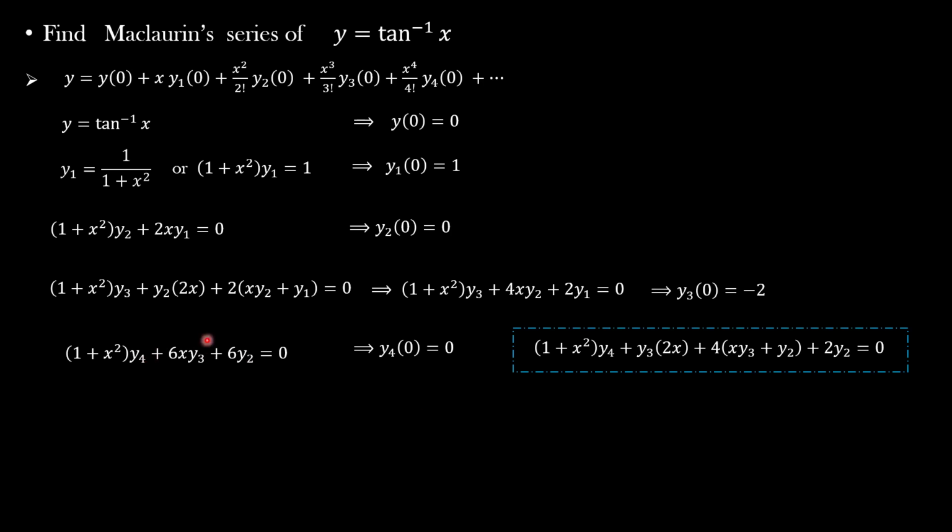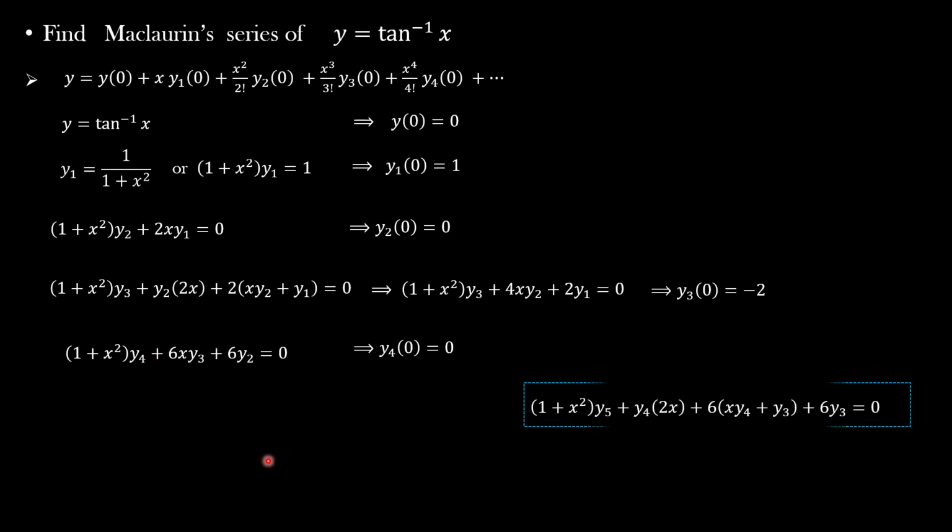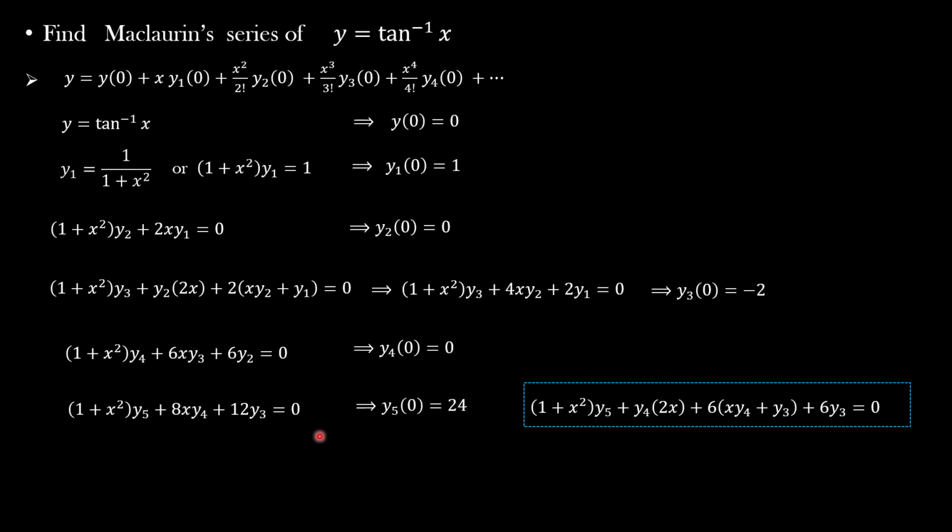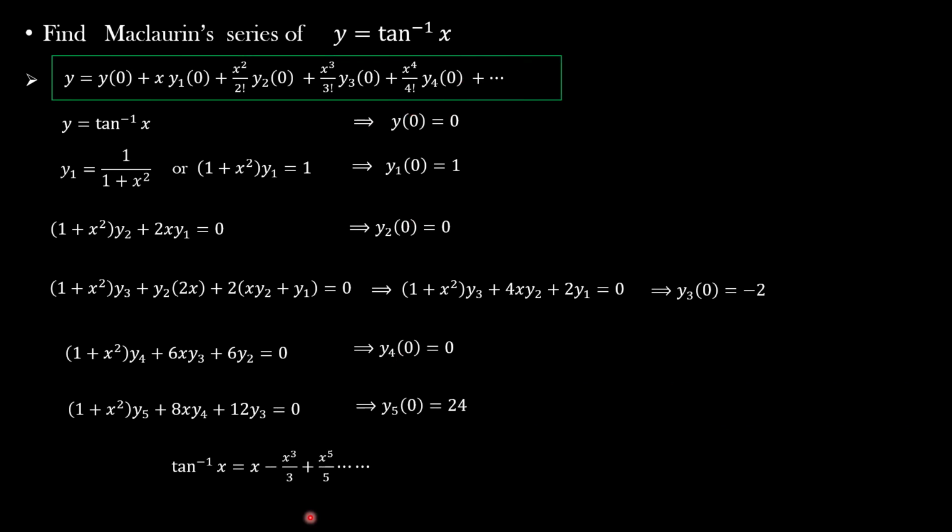Similarly, to get y5, differentiate the above expression so that you will get 1 plus x square into y5 plus 8 times x into y4 plus 12 times y3 is equal to 0, which implies y5 of 0 is equal to 24. Thus, after substituting the unknowns, you will get tan inverse of x is equal to x minus x cubed by 3 plus x to the power 5 by 5 and so on.